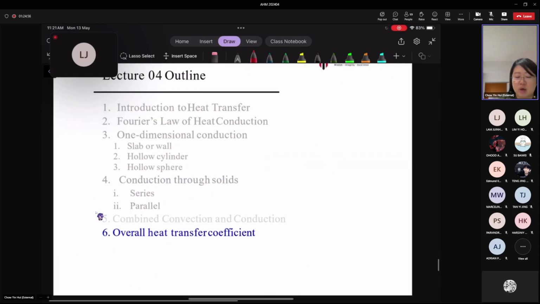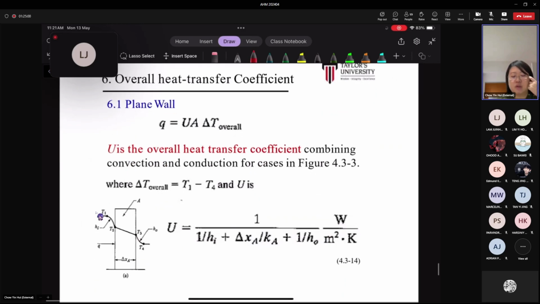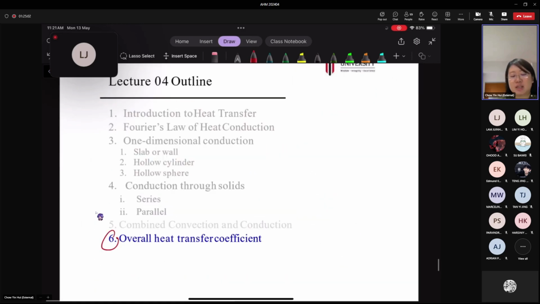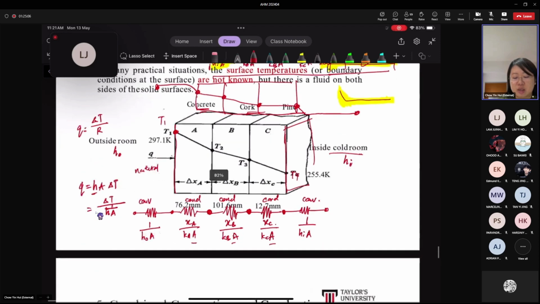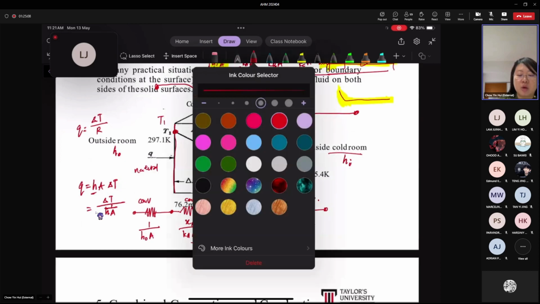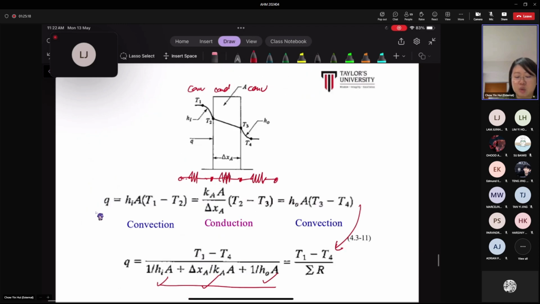So we are going to talk about the overall heat transfer coefficient. Sometimes, like in this question here, we may not know the temperatures T2, T3, or some of the thermal conductivity values are not known.